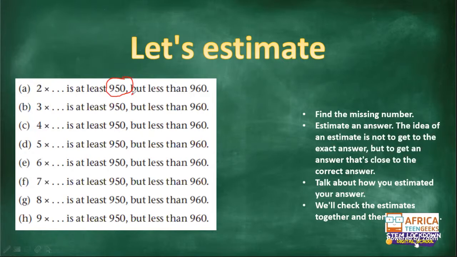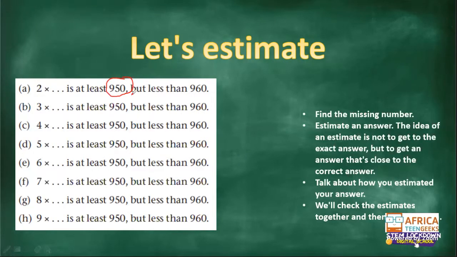You are not using a calculator, you're not doing accurate division, you are just estimating, because we want to teach you how to get in the right range with your answer, so that when you do your accurate calculations, you can quickly check if your answer is even in the correct range according to your estimate.